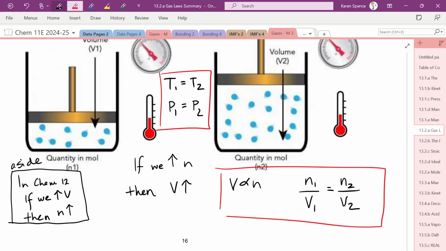And our graph would, of course, look like this, no matter which way we draw it, no matter which one we make the dependent variable. Is that good, Victoria? Yeah? Okay.